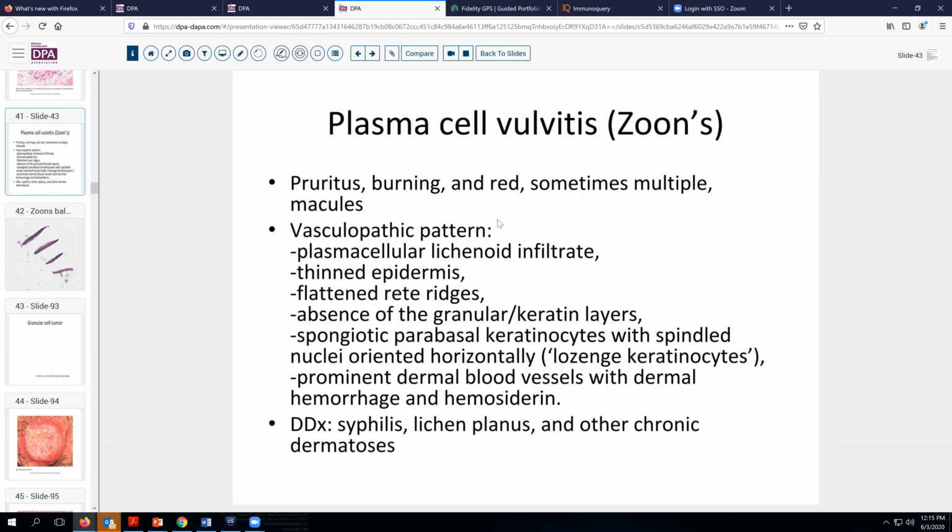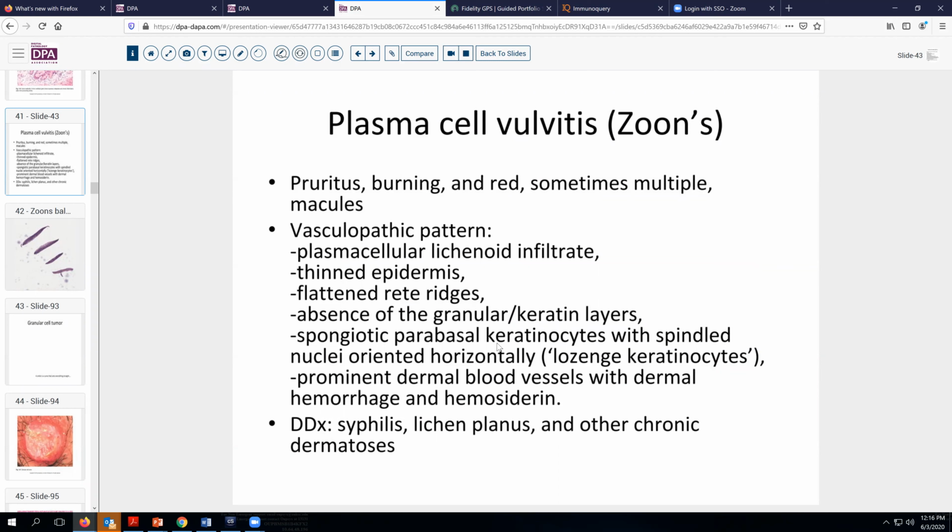Plasma cell vulvitis, also called Zoon's balanitis when it occurs in males. This is associated with burning, red, multiple macules, and this is the vasculopathic pattern with a plasma cellular infiltrate, thin ridges, and absence of any sort of granular or keratin layer.